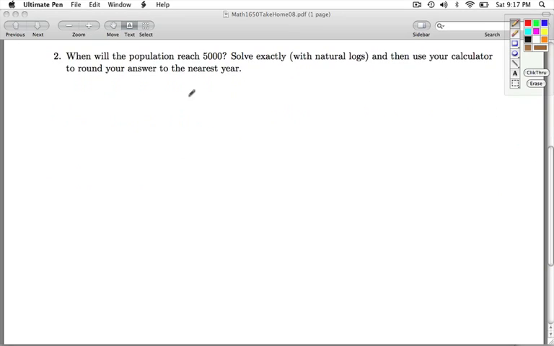And so that's what I do. I have 75 over 1 plus 74 e to the negative 3t is equal to 50. My goal is to figure out what the t is. So the t is in the exponent, but it's also in the denominator. So the first thing I'm going to do is get rid of those denominators and multiply both sides by 1 plus 74 e to the negative 3t.